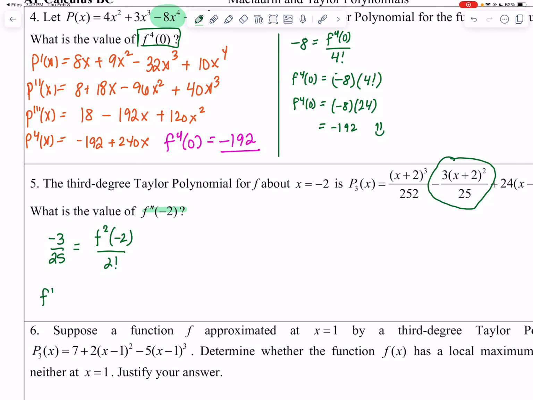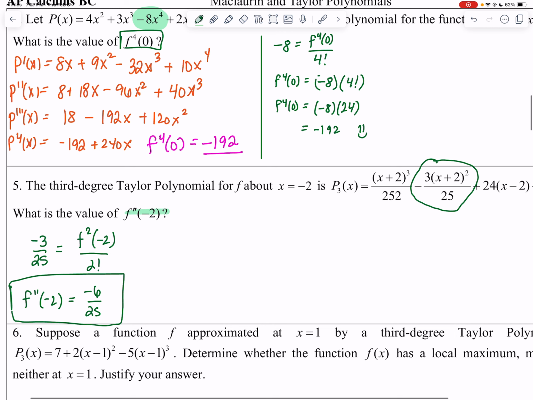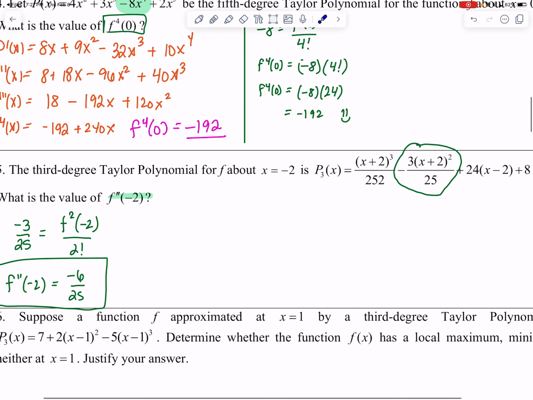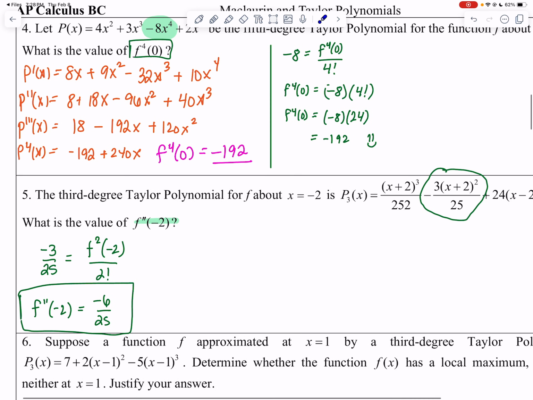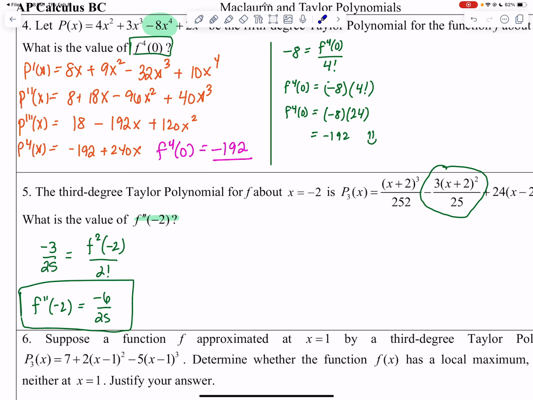If I solve that, I'm just going to get -6 over 25. So that's going to be my answer there. Now, can you do power rule with this? Sure, if you want to. But obviously the safer way is going to look at my Taylor polynomial and call it a day.